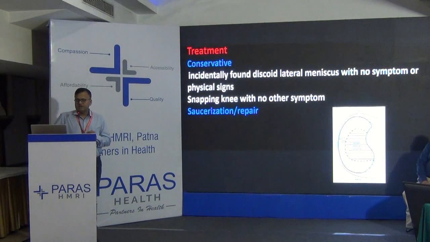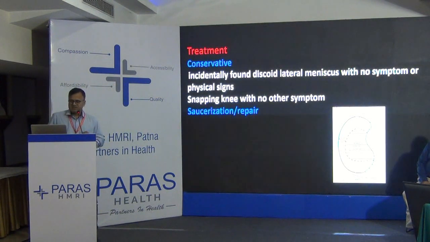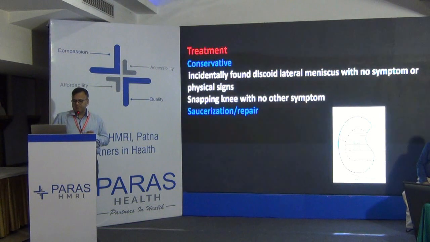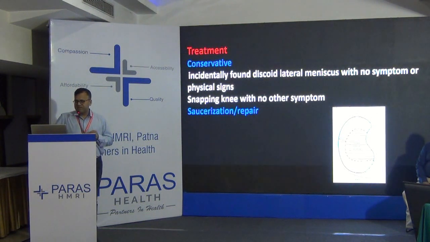As for the treatment, most of the time it is treated conservatively, because these are just incidental findings with no symptom and no physical sign, or the patient presents with a snapping knee with no other symptom.